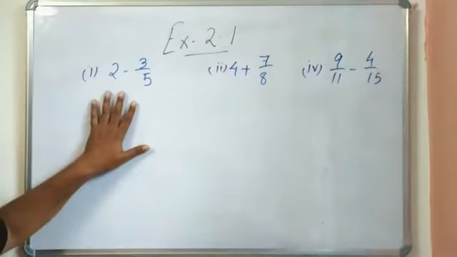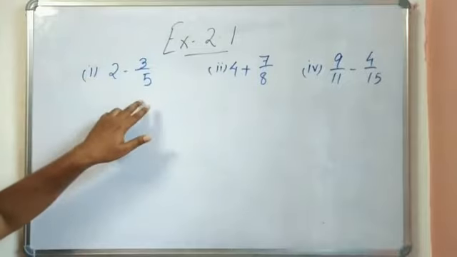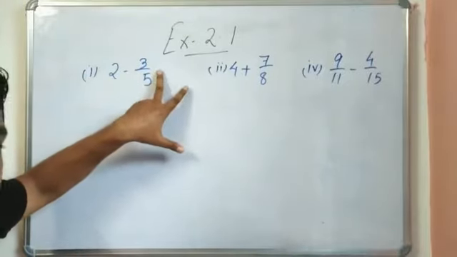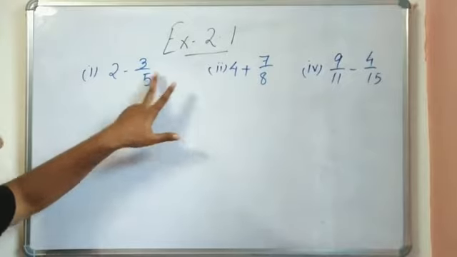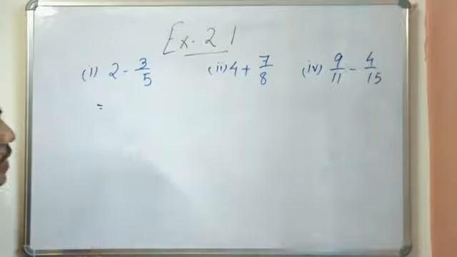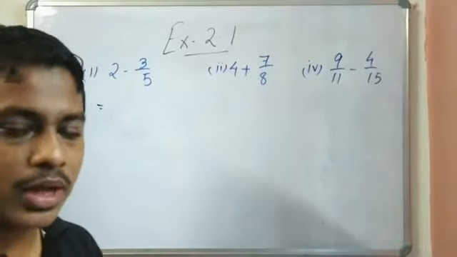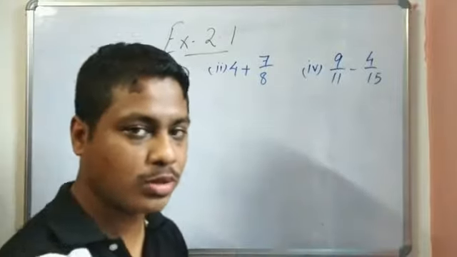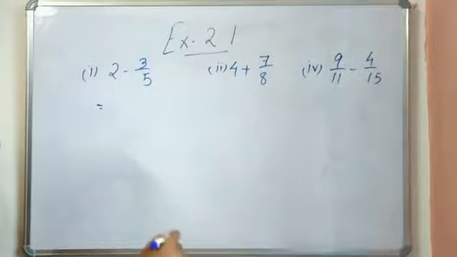So the first question, 2 minus 3 by 5. We can consider this a proper fraction subtracted from 2. There are 2 ways of doing it. I will show you both ways, and you can use whichever is easier for you.